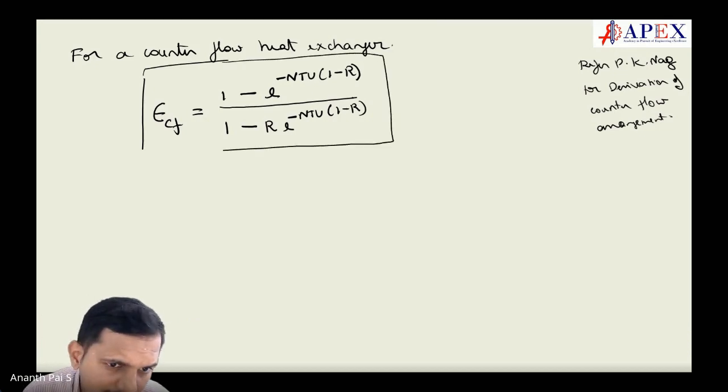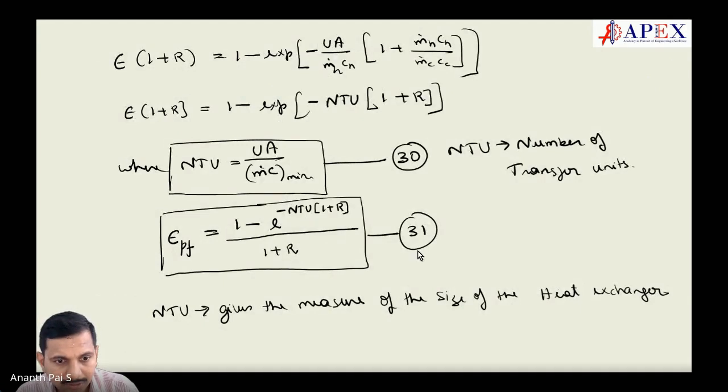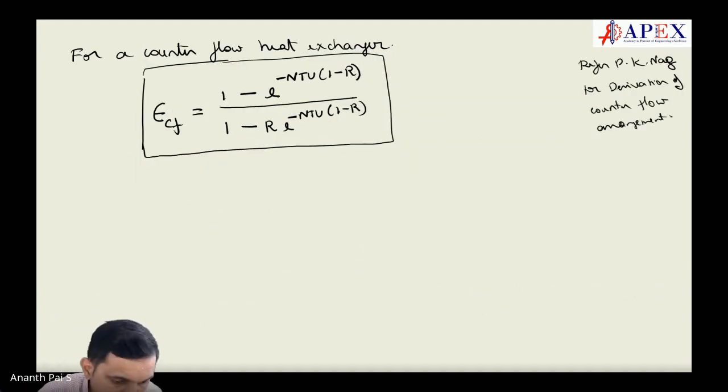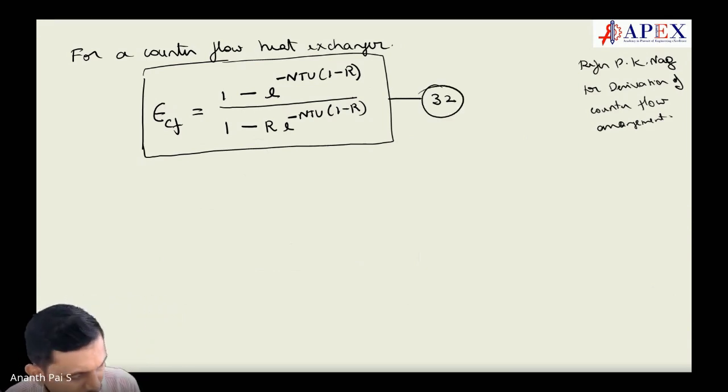You have to remember these equations. It's required that you remember this 31 as well as 32. These both you have to remember. Exactly, R into e power NTU into 1 minus R.